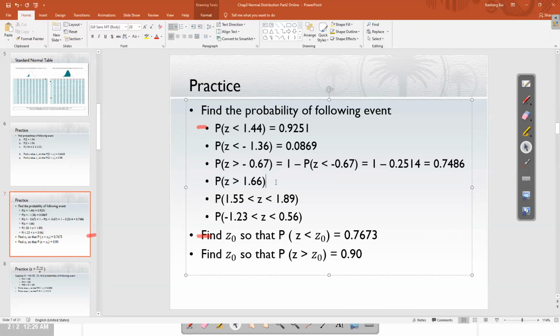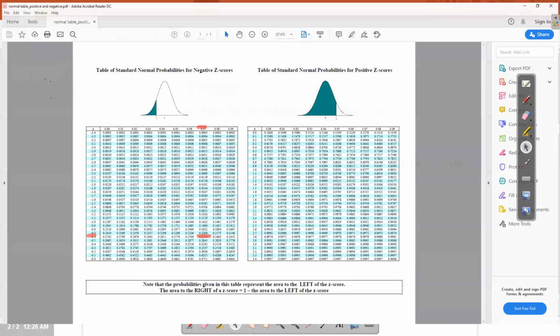Okay. And next one, probability of z greater than 1.66. So again, this is a greater than sign. We need to change it into smaller than by using 1 minus. And then we can look up, right? So once it's a smaller than sign, we can look up this event probability with z-score of 1.66.